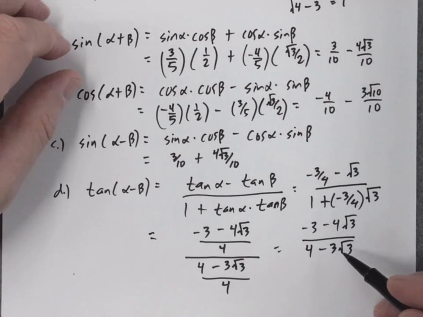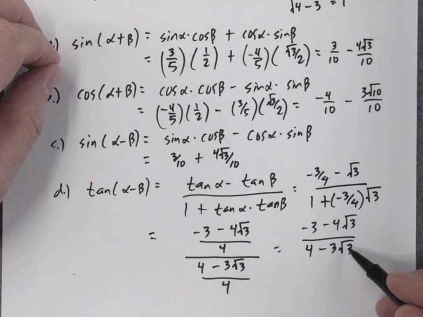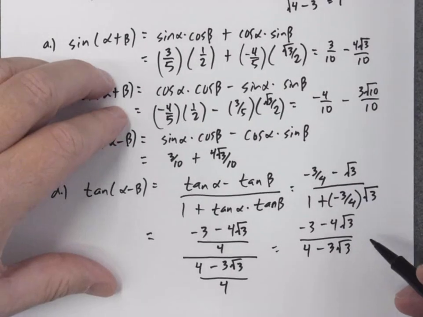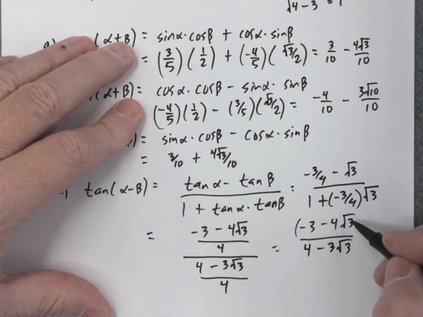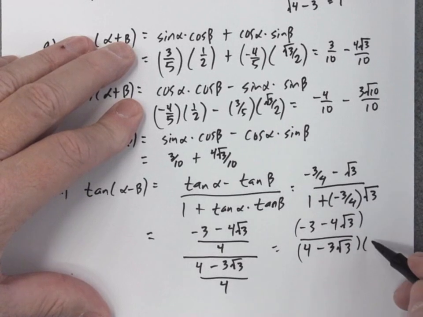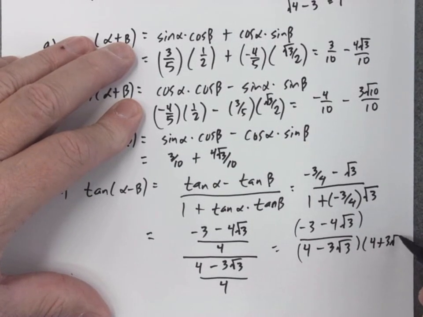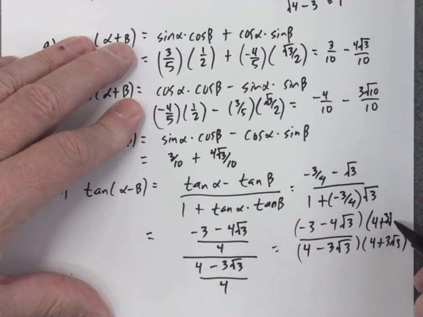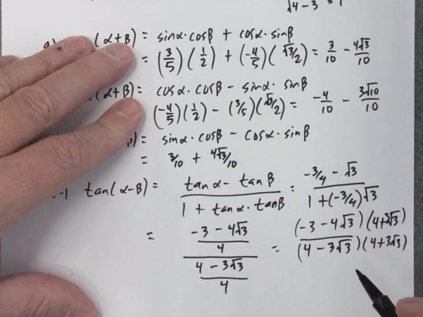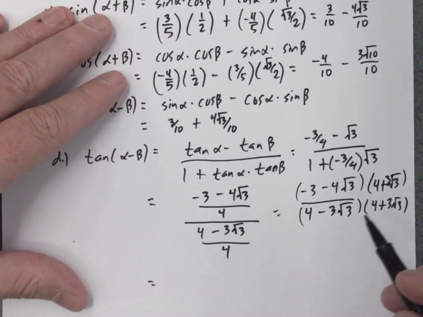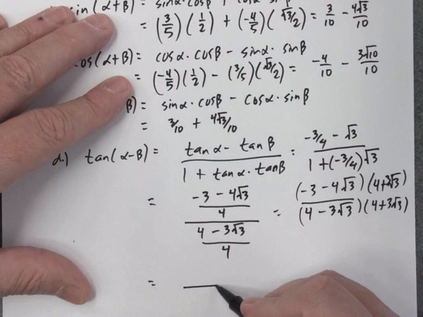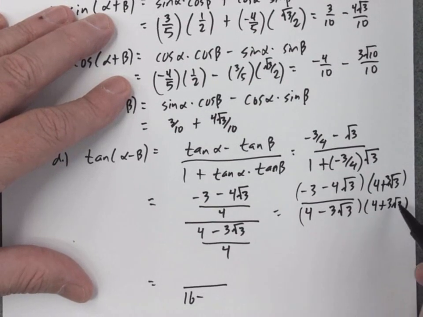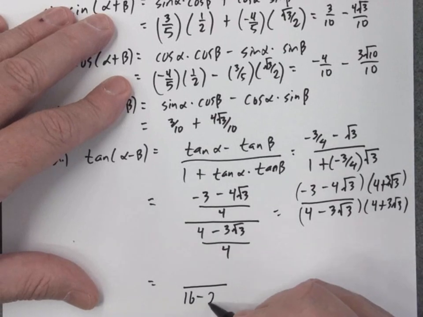Now normally they don't like this in the denominator, so to rationalize it, it seems crazy, but it is what it is. So the bottom is easy, use a shortcut. This is going to be 16 minus 9 times 3, 27.